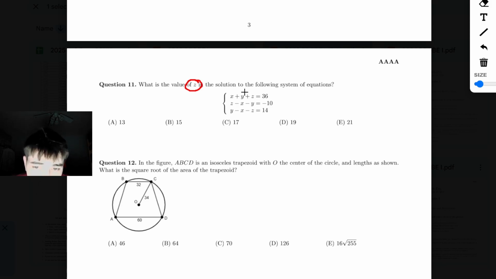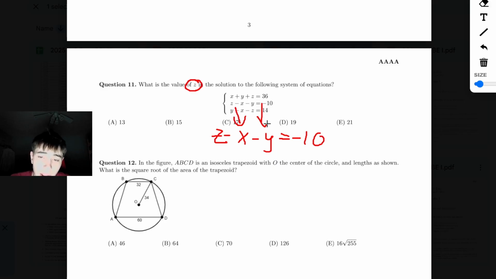Now this is lucky for us because if you look at the second equation, z minus x minus y equals negative 10, we have a negative x and a negative y already. So if we sum these two equations together, we're summing the first and second equations, meaning we'll take x plus y plus z minus x minus y equals negative 10 plus 36, right?